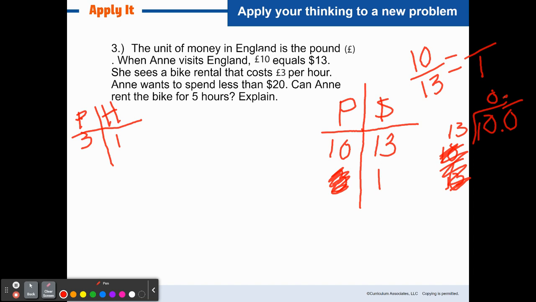Instead, I would leave it as a fraction. So you've got 10 thirteenths for every dollar. And she's got $20.